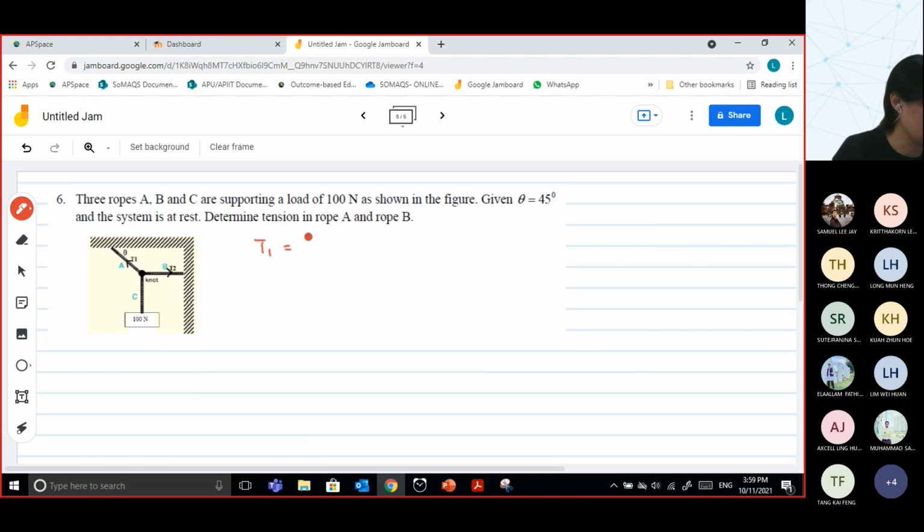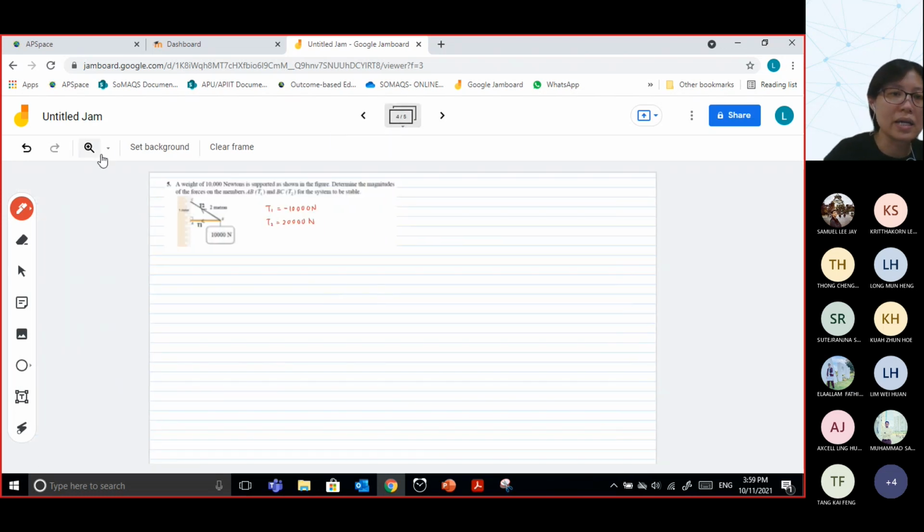T1, I got it as 70.7 Newton, and T2 is 100. Or you can round to 71, then T2 is 100 Newton. Do you get the same answer?